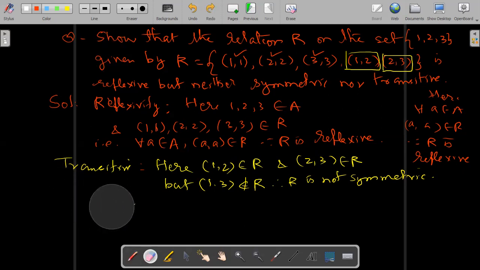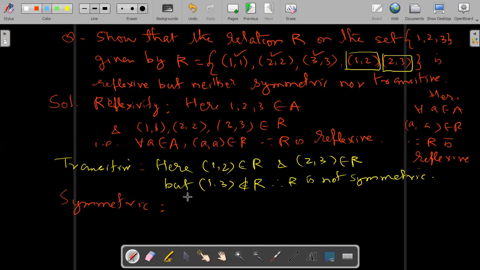Symmetric means (a, b) belongs to R implies that (b, a) also belongs to R. So for symmetry, you can take here (1, 2). (1, 2) belongs to R, but (2, 1) is not there. (1, 2) is there, (2, 1) is not there. (2, 3) is there, (3, 2) is not there.